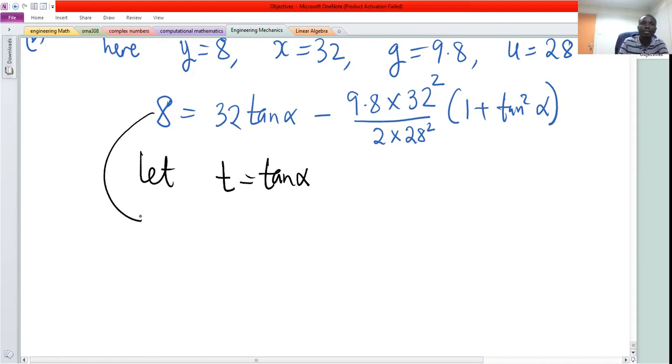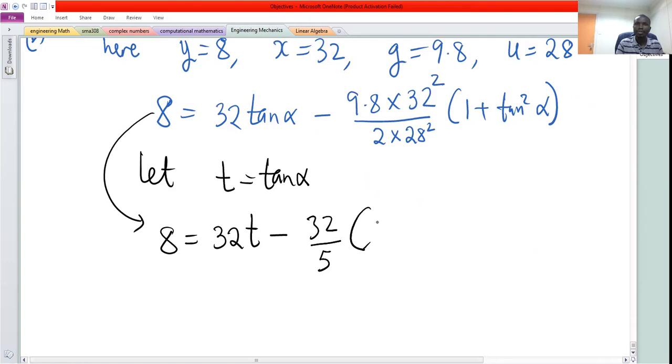So that we'll have from this 8 equals to 32 T minus 9.8 times 32 squared divided by 2 times 28 squared. So we have 32 over 5, that's 2 over 5 into 1 plus, so tan squared alpha will be T squared.